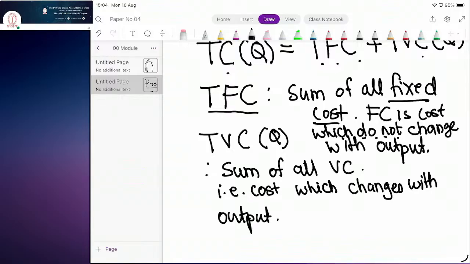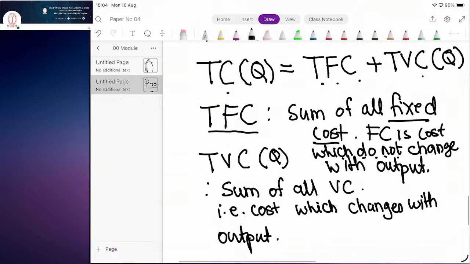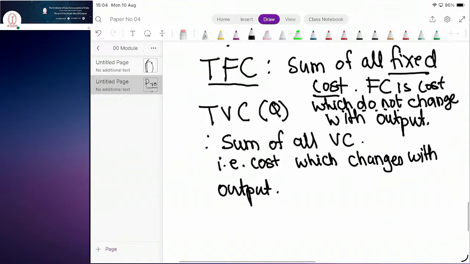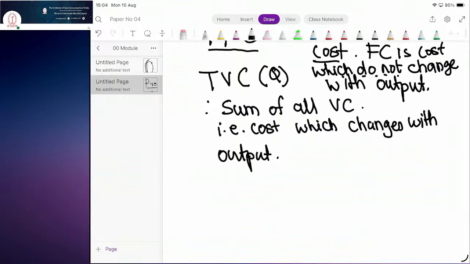Okay, now just one more. Okay, so generally suppose I give you TC is 10 plus 5Q.